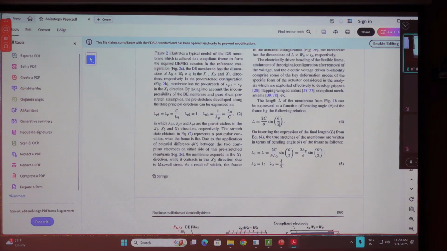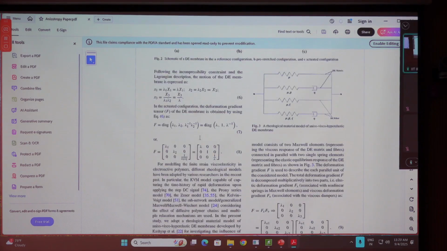Lambda 2 is 1, and lambda 3 follows from incompressibility: lambda 1, lambda 2, lambda 3 equals 1. Since lambda 1 is lambda and lambda 2 is 1, lambda 3 is 1 by lambda. Now the deformation gradient, its principal diagonal elements lambda 1, lambda 2 and lambda 3, are lambda, 1 and 1 by lambda.